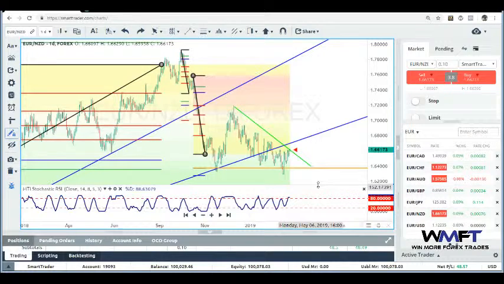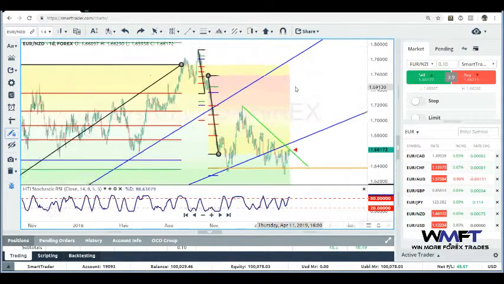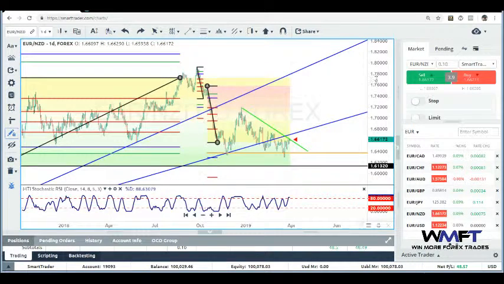So we're going to go to the 1 hour time frame and look and see what the market wants to do, because we don't want to target this 1618 simply because we haven't taken out the A yet.